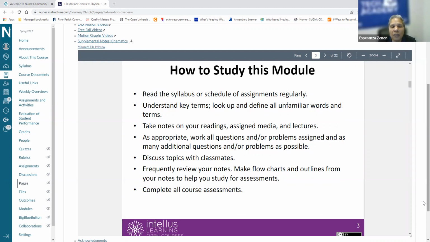These are the things that you should be doing in order to be successful and grasp this material. In other words, you have to spend time with this stuff. You're not going to learn it through osmosis, and I can't open your head and pour the knowledge in. You've got to put some sweat equity in it, right?